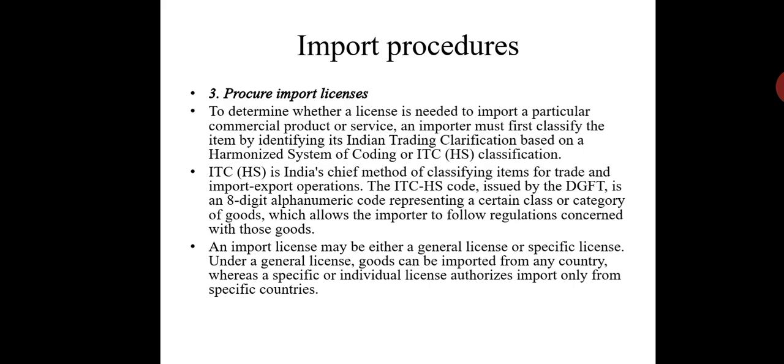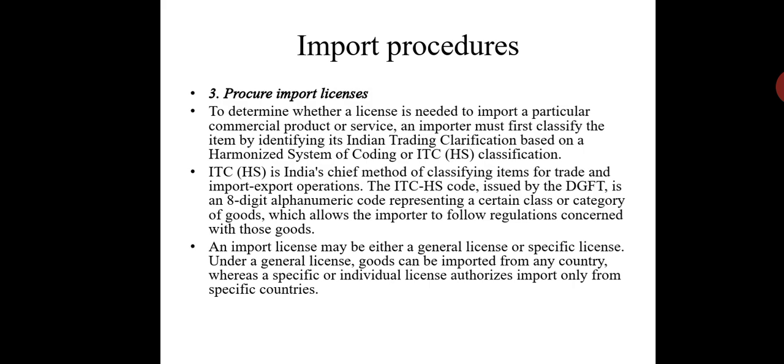So first see under which ITC-HS classification the product you want to import comes. ITC-HS is India's chief method of classifying items for trade and import-export operations. The ITC-HS code issued by the DGFT is an 8-digit alphanumeric code representing a certain class or category of goods, which allows the importer to follow regulations concerned with those goods.